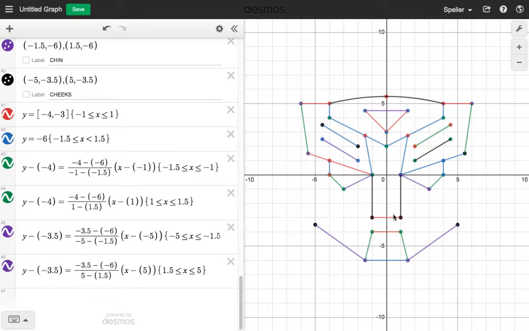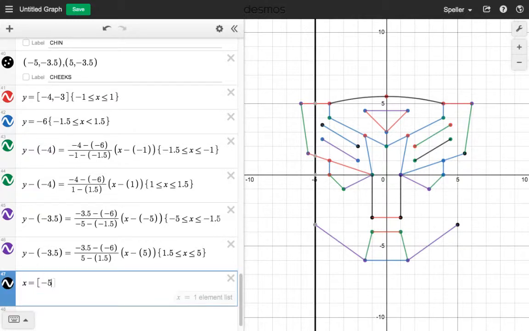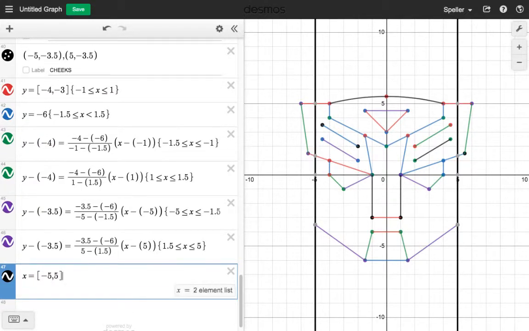And now let's work on the side of the face. Let's do the left-hand side of the face and the right-hand side at the same time, because they're both going to be vertical lines, and they're both going to be the same length. We have an x value here of -5 and an x value here of +5. So x equals, create the list of -5 comma +5, and let's see what the range is going to be.